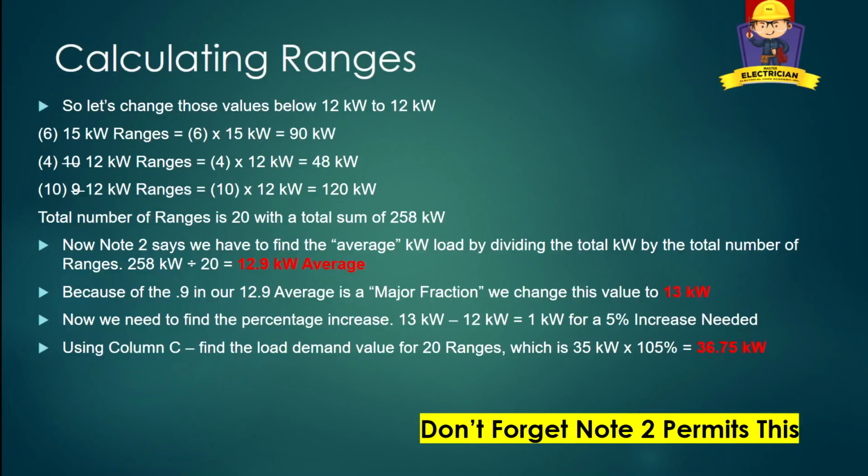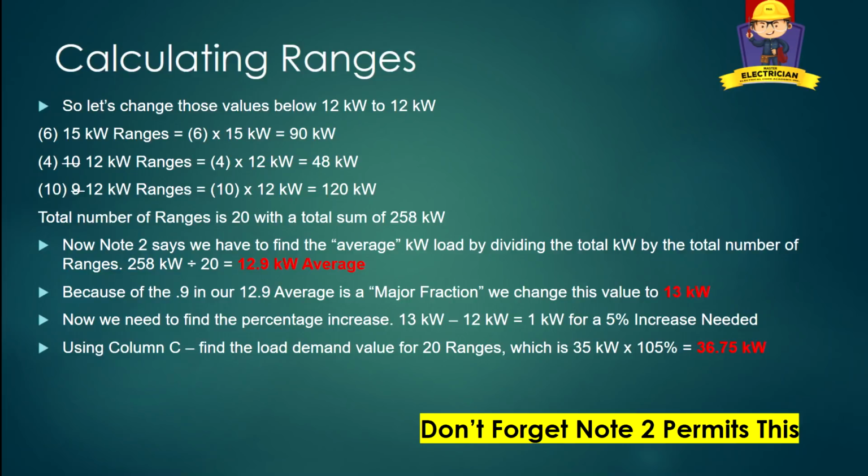Okay, now, Note 2 says we have to find the average kW load by dividing the total kW by the total number of ranges. So 258 divided by 20 equals 12.9 kW. All right. Well, 12.9 is still a major fraction, so it's going to go up to 13 kW, which is what we're going to use.